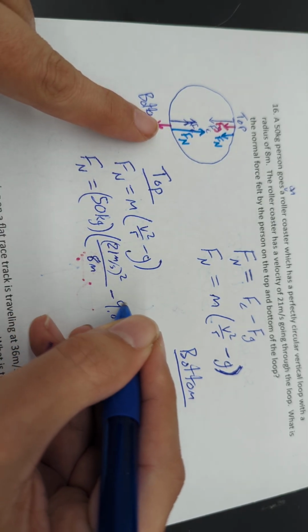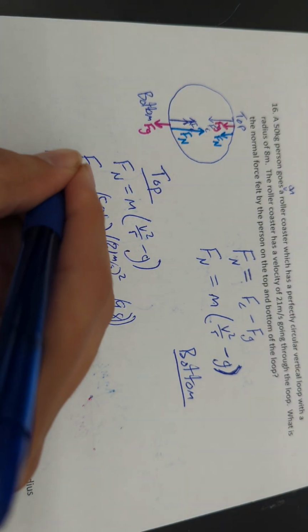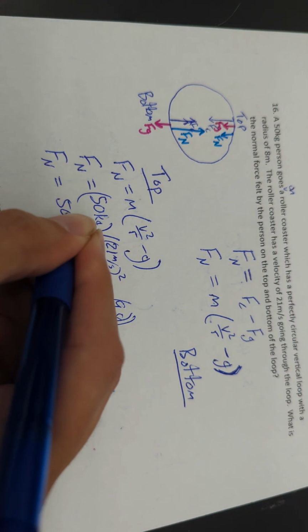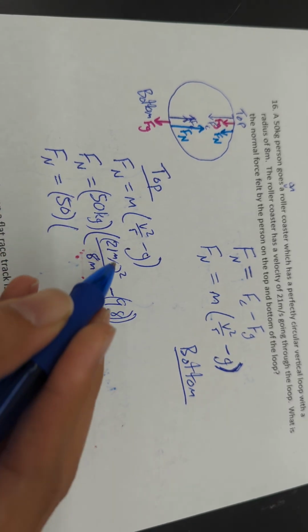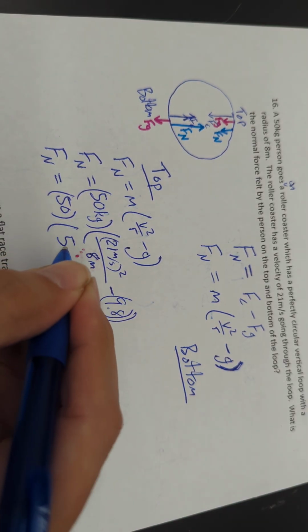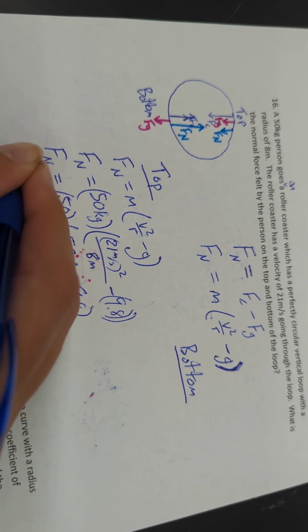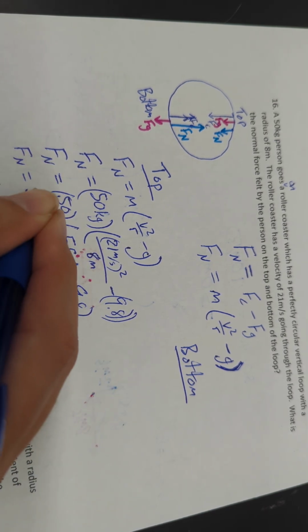And we're subtracting it, so it'll be minus a positive number. So we will simplify this a little bit farther. It will be 50, and 21 squared is going to be 441 divided by 8, about 55.1, minus 9.8.